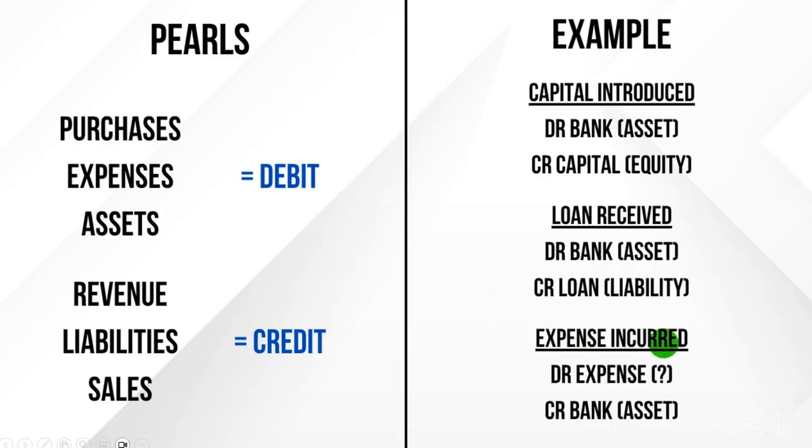Expense incurred. Now this one is much harder to get your head around. So if an expense is incurred, and it's the same with a sale, but an expense is incurred, we would debit expense because that's the debit entry, and we would credit the bank if it's been paid from the bank. So the asset's going to go down, let's say by 50. It's a £50 expense. So the bank goes down by 50.